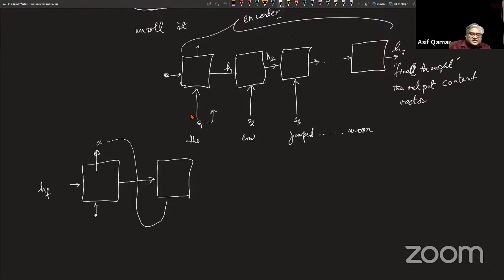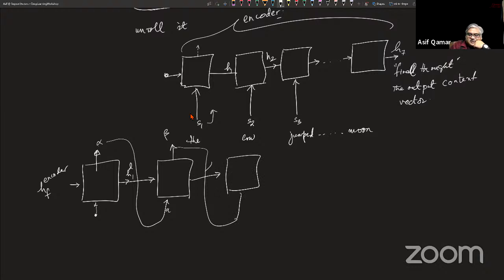Once it emits alpha, it produces a hidden state of the decoder, the first decoder state, and that will go into the RNN again, as well as alpha going back in, and it will produce the next word beta. And this process will continue.